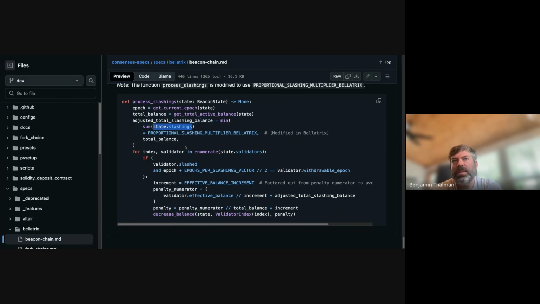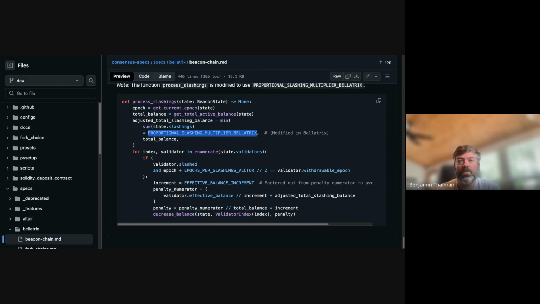state.slashings, you can think about that as a vector or a list of the amounts of all of the slashings. So the balance of all of the validators that have been slashed in that 8,192 epoch or 36-day window. That's what state.slashings is. It's their effective balance. So take a sum of all of the validators that committed a slashable offense by their effective balance, so basically how much they have staked, and multiply it by the PROPORTIONAL_SLASHING_MULTIPLIER_BELLATRIX.